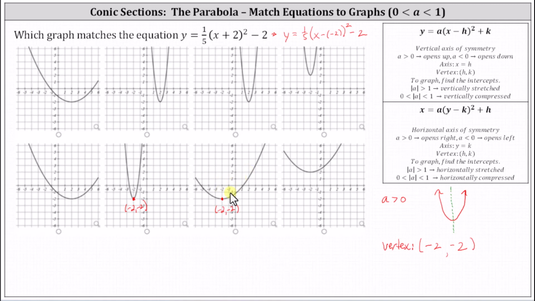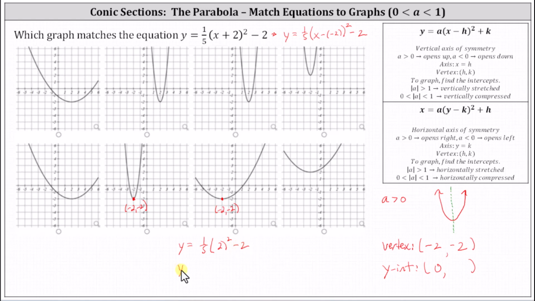Another way to verify this is correct would be to find the intercepts. Let's go ahead and determine the vertical intercept using the given equation. Recall, to determine the vertical intercept or y-intercept, we set x equal to 0 and solve for y. So now we'll substitute 0 for x in the given equation, which gives us y equals 1/5 times the square of 0 plus 2, or the square of 2, minus 2.